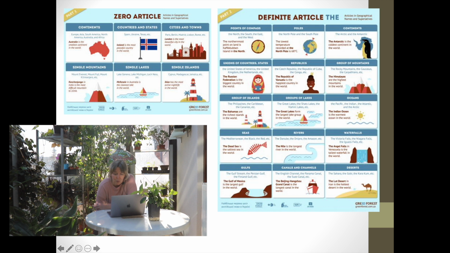So waterfalls, gulfs, the Gulf of Mexico, canals, channels, so either natural or artificial. The English Channel, of course. And deserts. Here we have the Sahara, the Gobi Desert. So that's it.